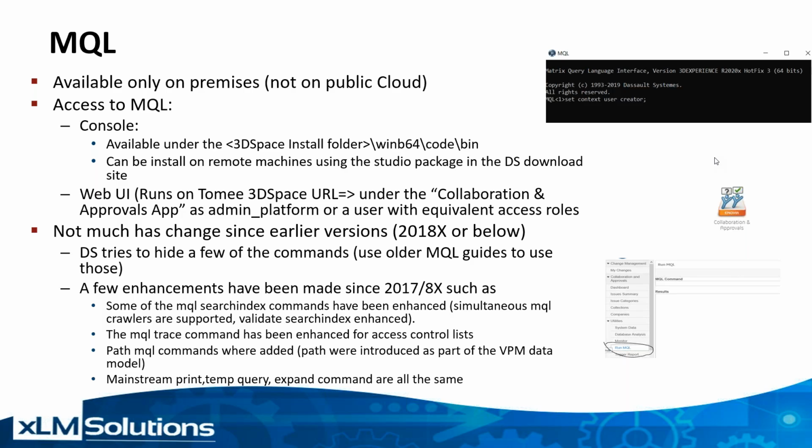Two, Dassault probably wants to limit the amount of, let's say, configuration and customization that's done on the system. Those tools easily allowed you to configure and customize the system, and they wanted to prevent users from being able to do that.